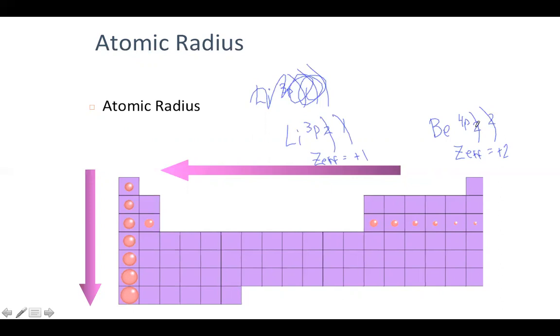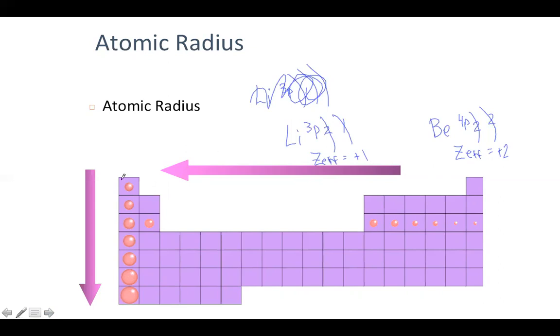Since they're pulled in tighter, that decreases the size of the atom. So this would cause lithium to have a larger atom than beryllium. So that's why it increases going to the left.